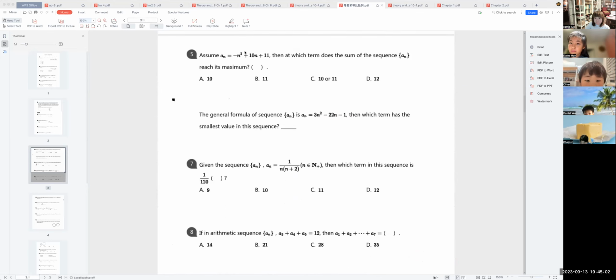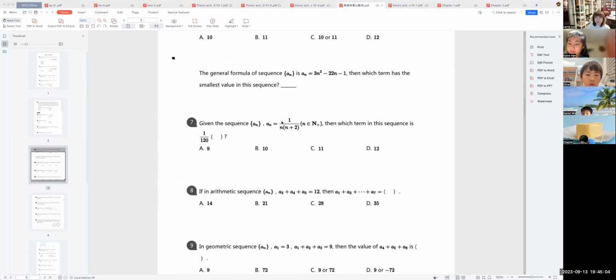Okay, so number 5, we don't do that. This one, we don't do that. Okay, so let's take a look at this one. Given the sequence an equals 1 over n times (n plus 2), then which term in this sequence is 1 over 120? Carrie, what does this thing mean? Oh, that means they are positive natural numbers. So n equals 1, 2, 3, 4, and 5. So this is natural numbers and positive natural numbers.